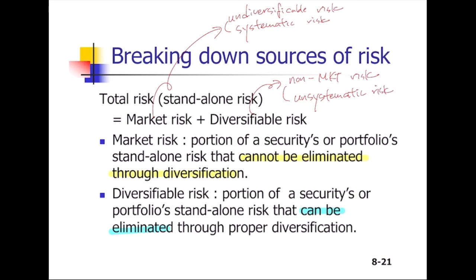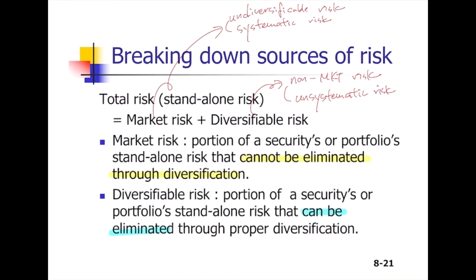In Korean, 비체계적 위험. When you form a portfolio, this firm-specific risk can be diversified, right? So we can cancel it out. So in the capital asset pricing model, they only consider this market risk.